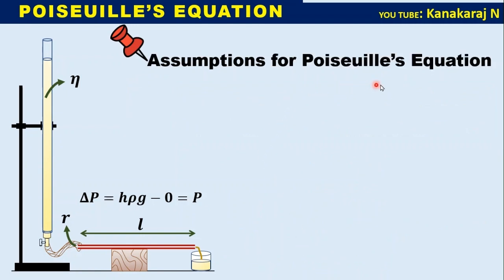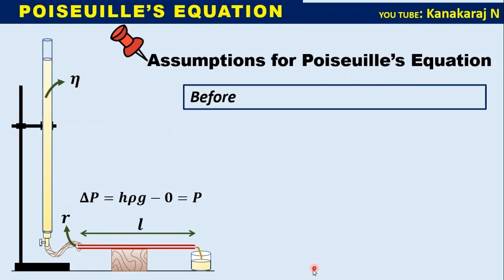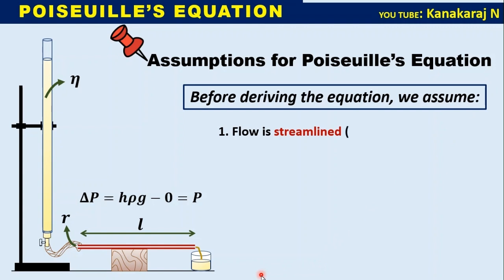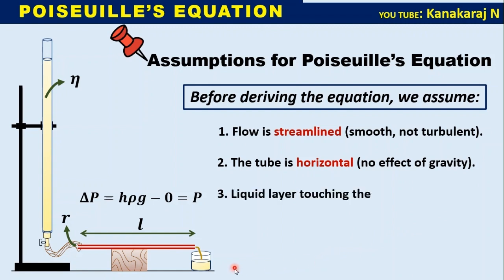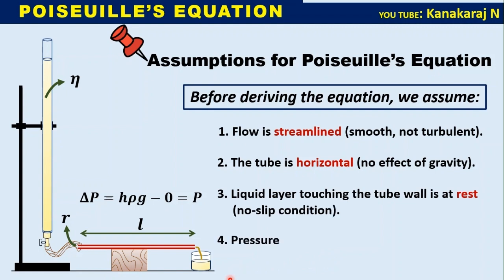Assumptions for Poiseuille's equation. Before deriving the equation, we assume: 1. Flow is streamlined, smooth, not turbulent. 2. The tube is horizontal, no effect of gravity. 3. The liquid layer touching the tube wall is at rest, the no slip condition. 4.